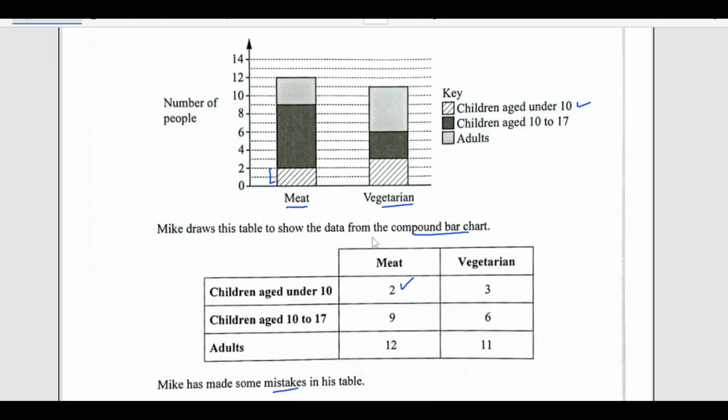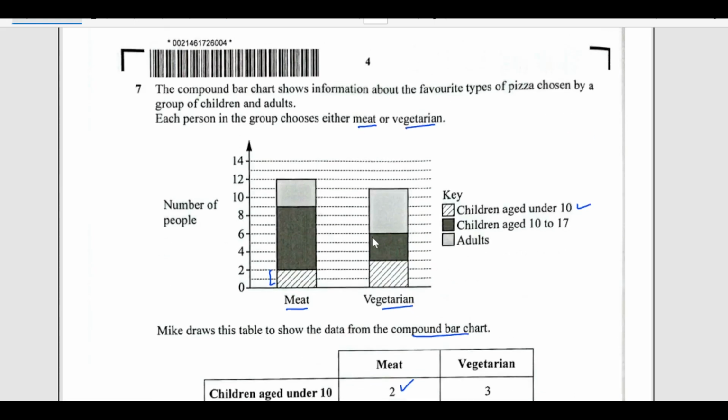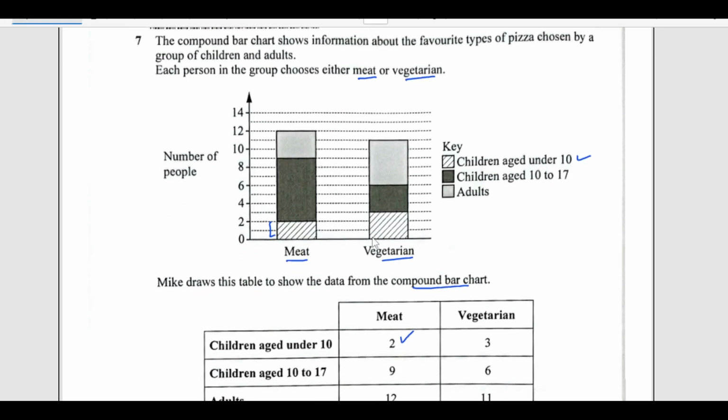Then vegetarian under 10. Vegetarian under 10 is from here to here, which is 4, 0 to... is it 4? 1, 2, 3, sorry, this is 3.